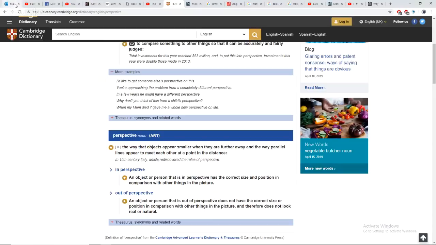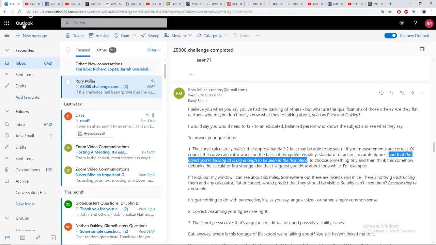And with him saying this, he's basically trying to say our argument. If any globe earther ever agrees to this particular sentence, it's literally game over for the globe, because they can't have that. That is obstruction that isn't earth curve. That is obstruction due to perspective, and they can't have that at all.